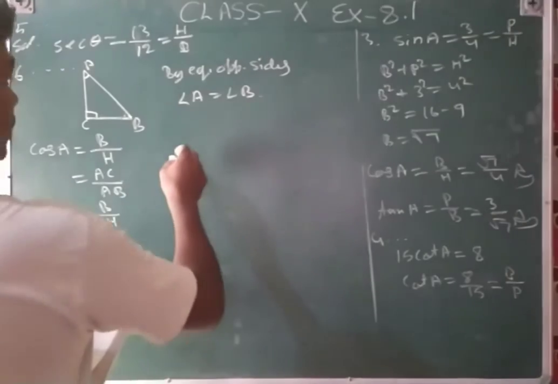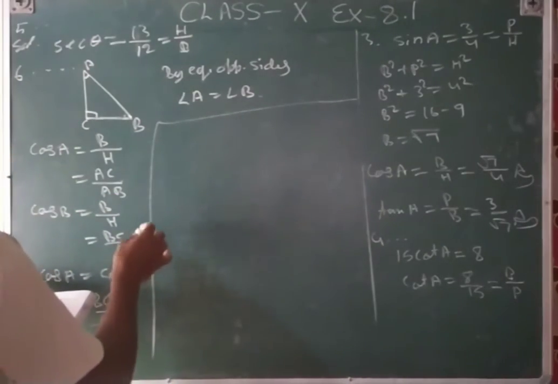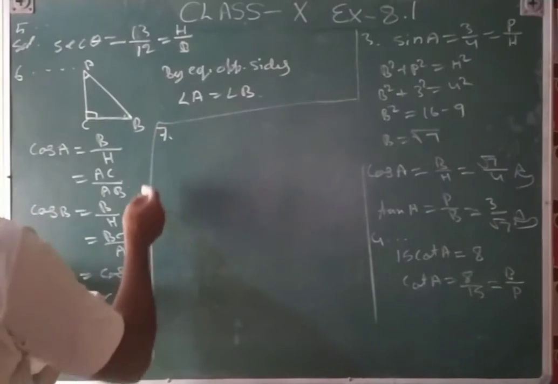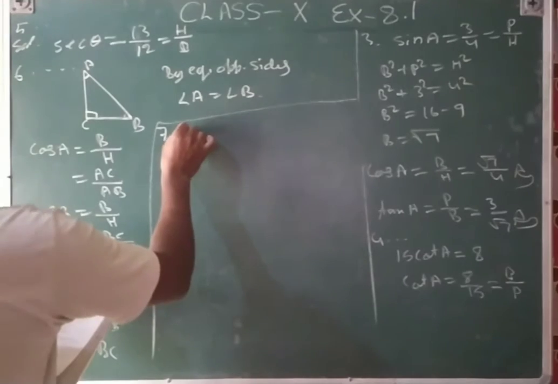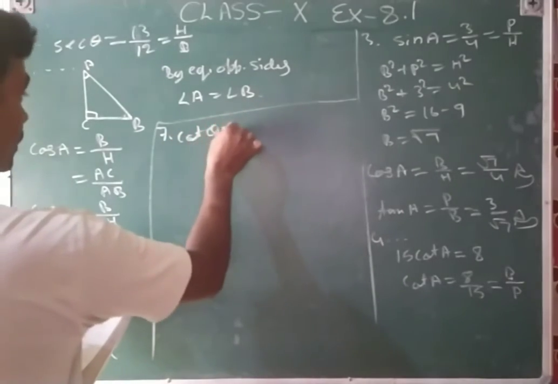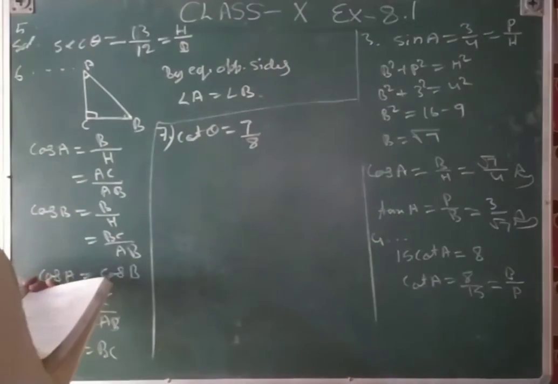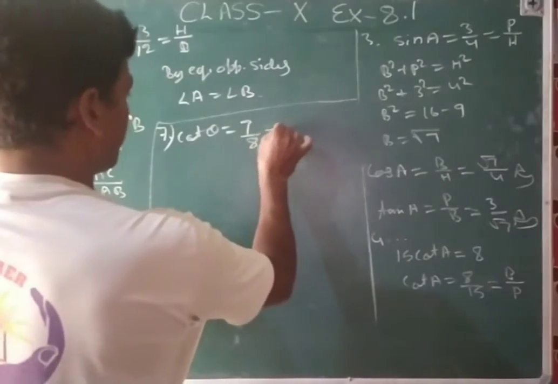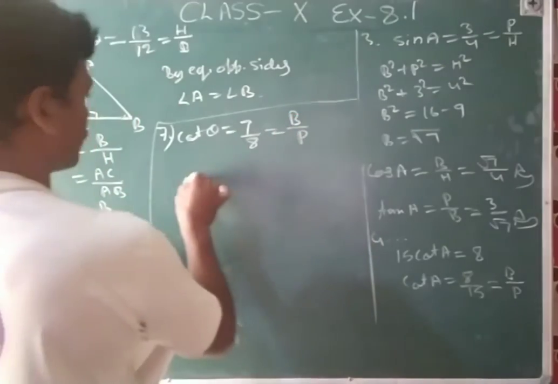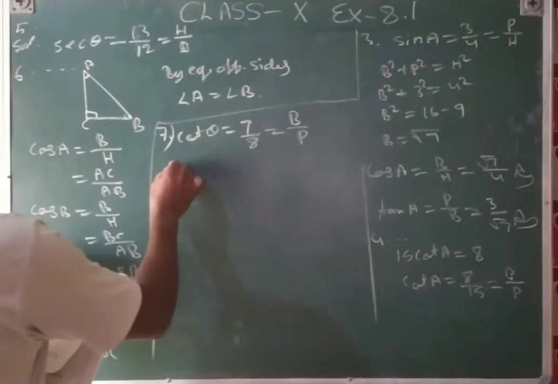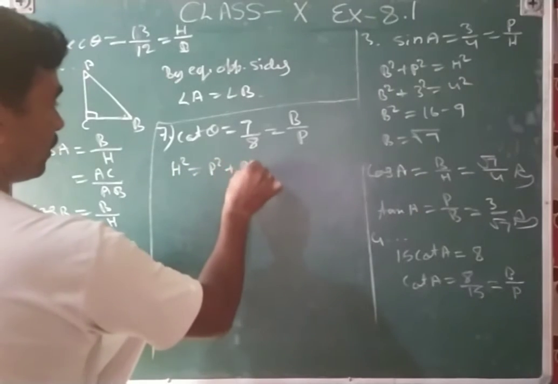Now question number 7. Yes, this is just a difficult type of question. Cot theta is equal to 7 upon 8. Cot means B upon P. First of all we will find H. H square is equal to P square plus B square.